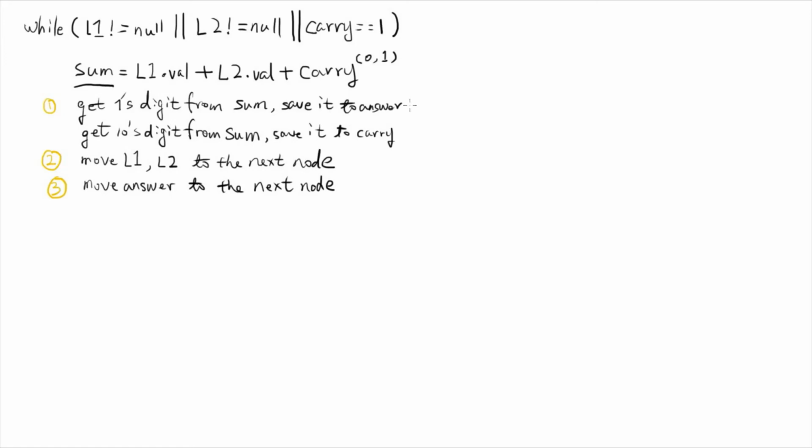So we can combine these 3 steps into answer, value, and the next node. And here, the value is sum mod 10. And for the next node, we will call add two numbers recursively for the sublist of L1 and L2.